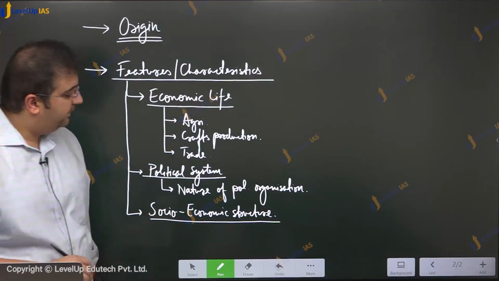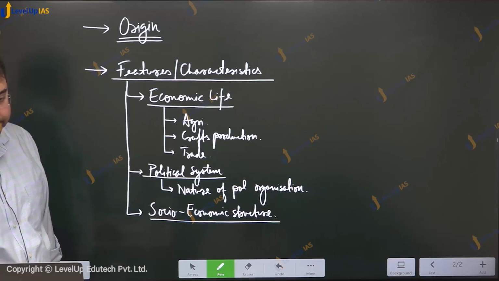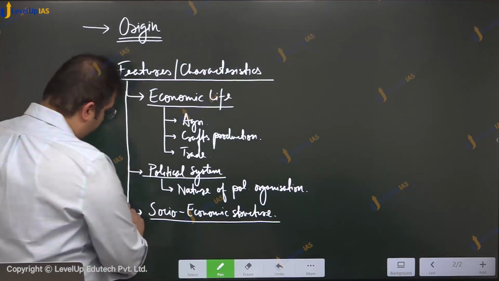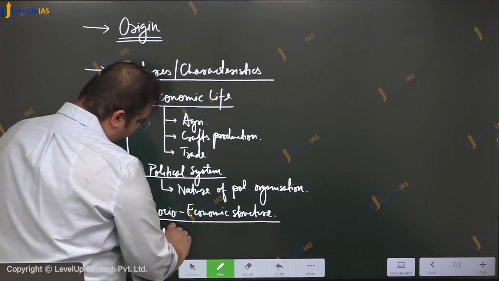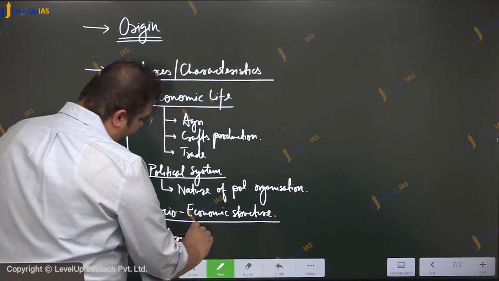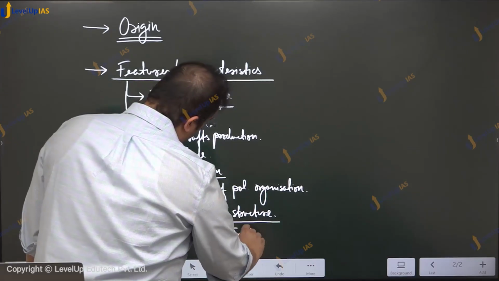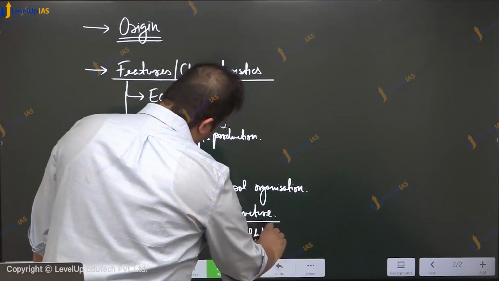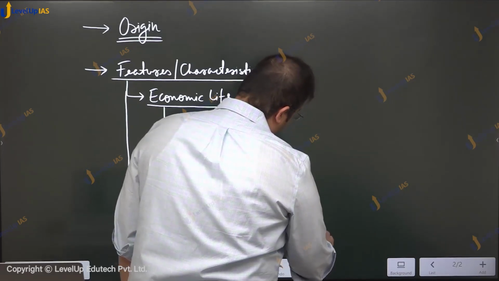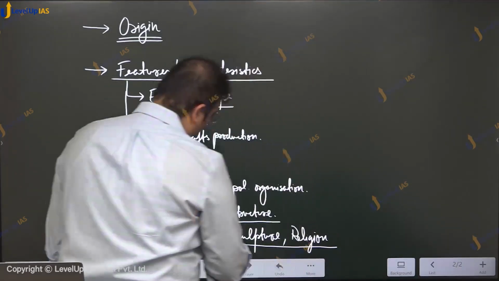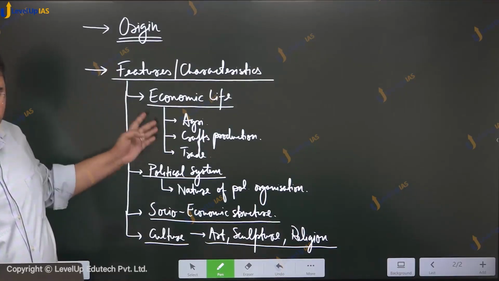Right? Whether the society was a flat one or was it a hierarchical one, right? Then a question related to culture, covering art, sculpture, and religion, etc. Right? So questions can come on different features.